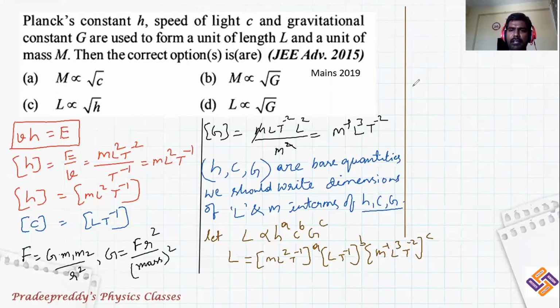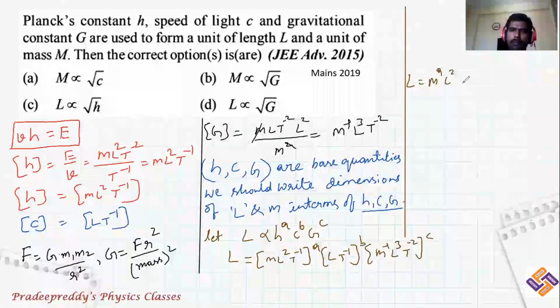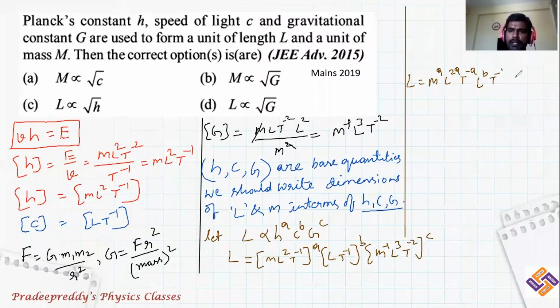Now write these expressions in this way: M power A, L power 2A, T power minus A. Similarly, L is raised to power B, T is raised to power minus B, M power minus C, L power 3C, and T power minus 2C. I am just opening the bracket and applying A to all these. Similarly, B power I am expanding, C power also.